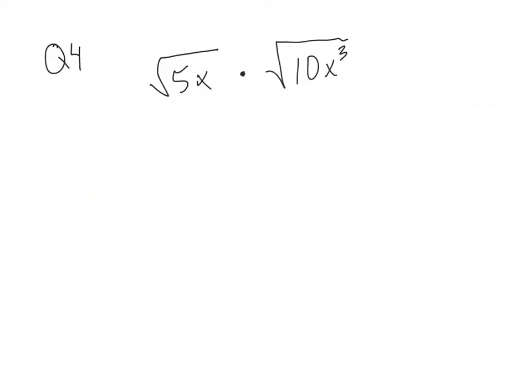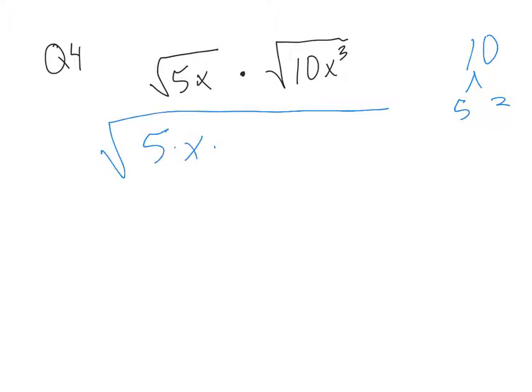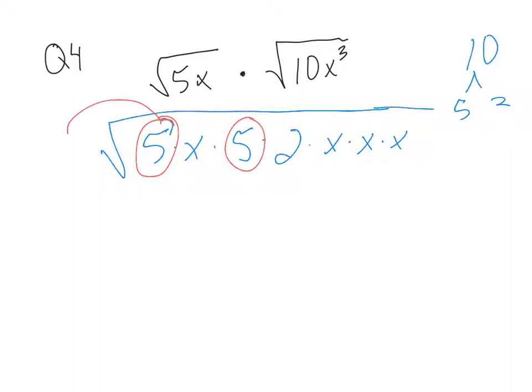Here we're going to do the same thing. Break down 10, which will become 5 and 2. So put everything underneath the same radical: 5 times x times 5 times 2 times x times x times x. Again, this is the square root, so we need pairs. We see here that there are 2 5s, so I'm going to pull a 5 out.